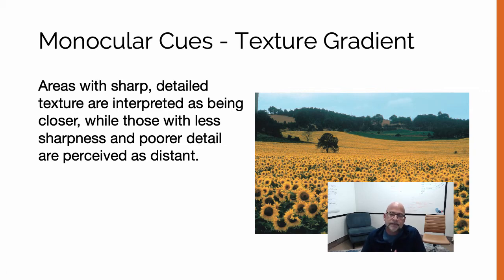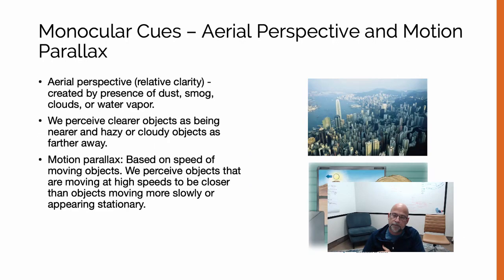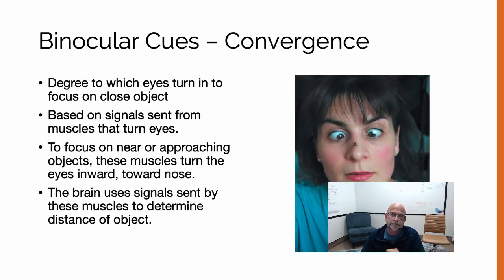If we can see lots of texture, we assume that must be up close to us, and if we can see very little texture, well, then that must be further away. And then there's aerial perspective and motion, which has a lot to do with relative clarity and so forth. Things that are close to us tend to be clearer. Things that are farther away tend to be a little bit harder to see.